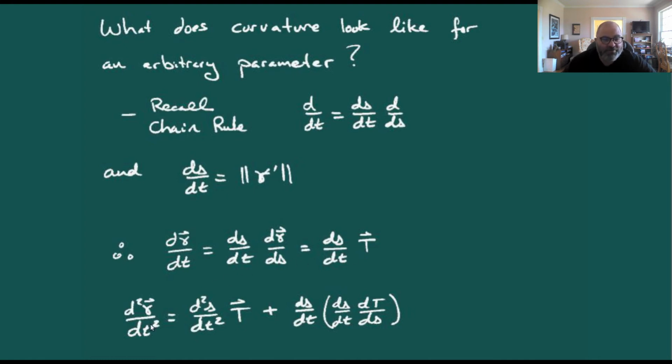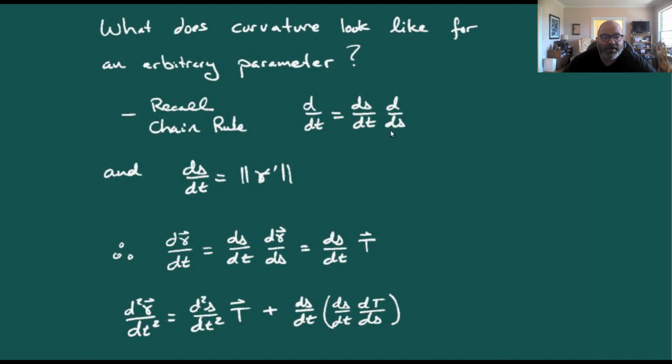Now if we do the same thing and take the second derivative, that's going to end up being the derivative of the product that we have here. So we have the second derivative of arc length with respect to time, times the unit tangent vector, plus the derivative of the unit tangent vector with respect to time, but that was just ds dt times dt ds.